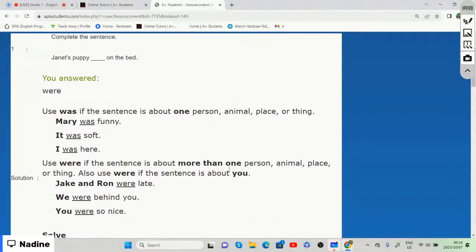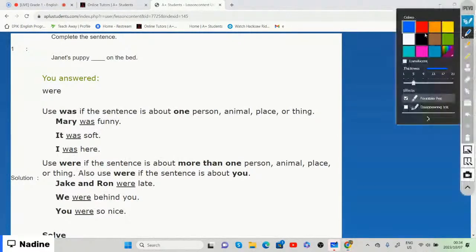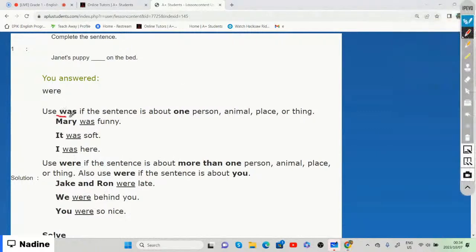Now we're going on to the past tense, right? It happened already. And in the past, we are going to use was or were. So in the past, we either use was or we use were, right?